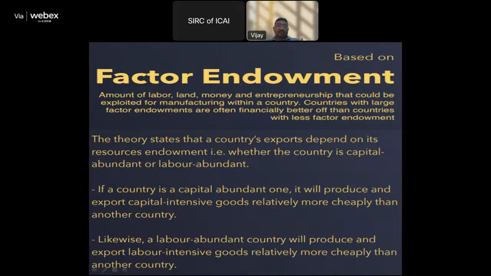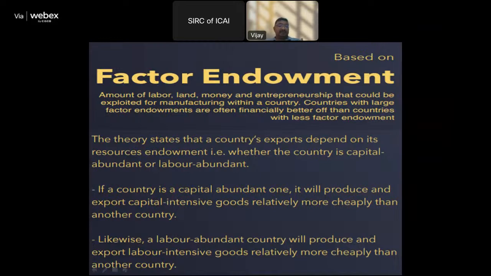So here, not only I will import and export the goods and services, but also the resources. That is the factors of production.